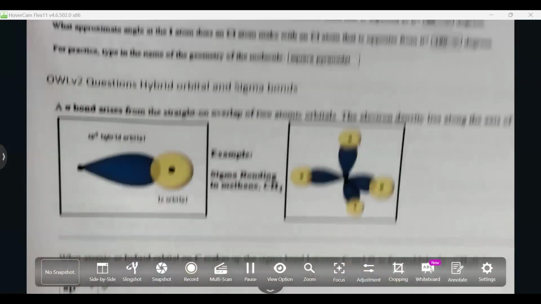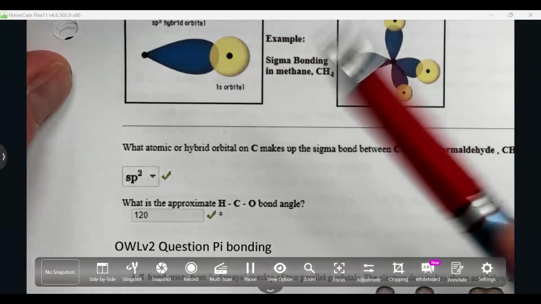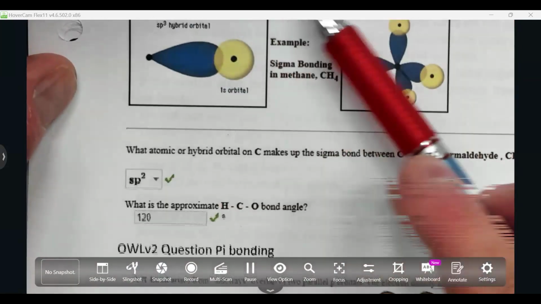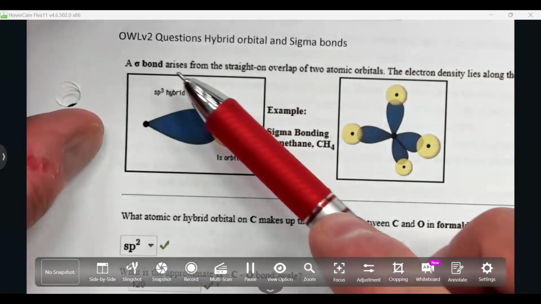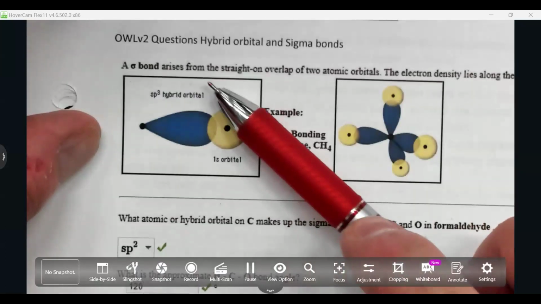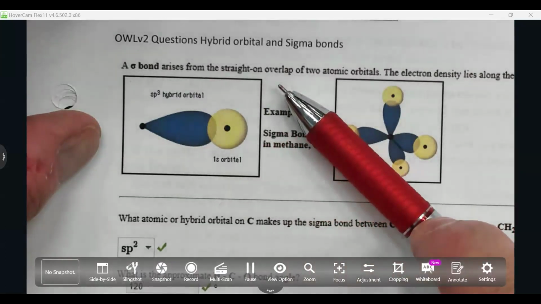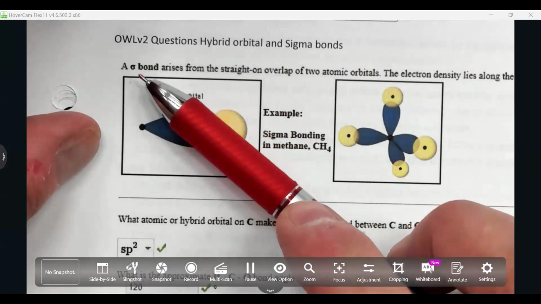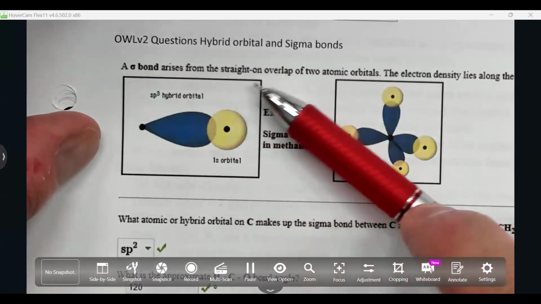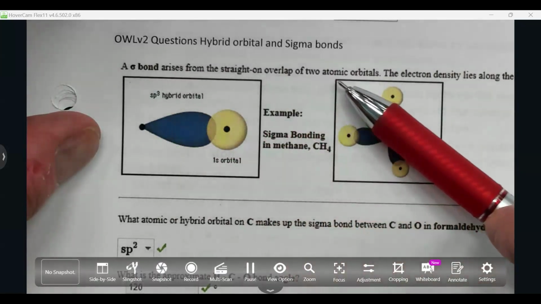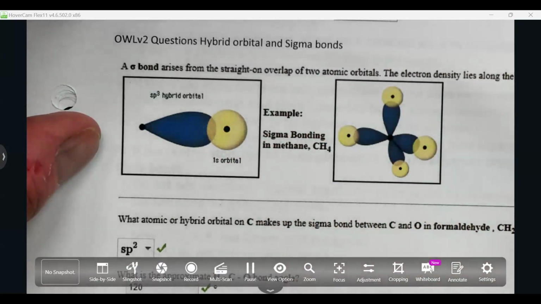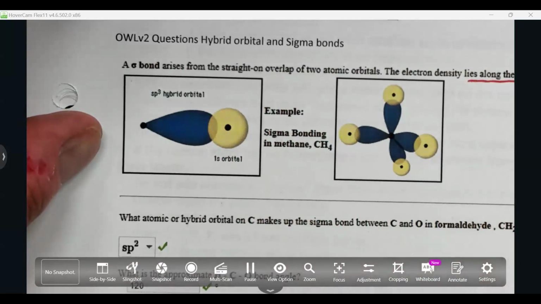So here's a bonding question, what we just went through. Hybrid orbitals and sigma bonds. A sigma bond arises from the straight-on overlap of two atomic orbitals. The electron density lies along the axis of the bonded nuclei. Sigma bond.